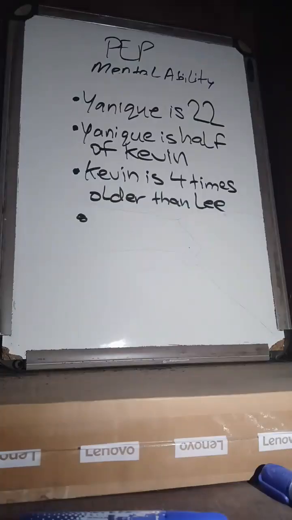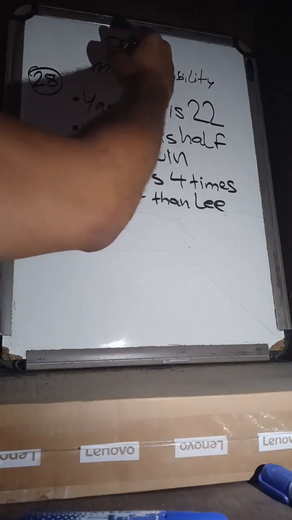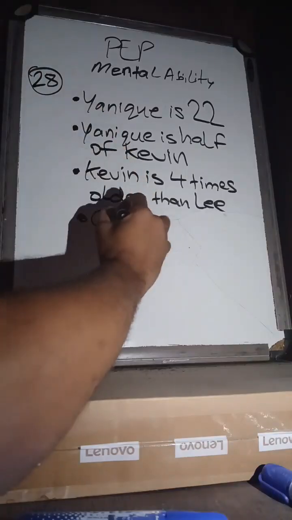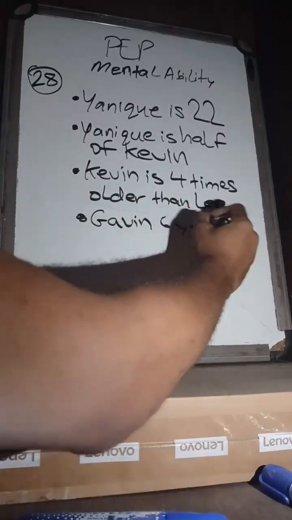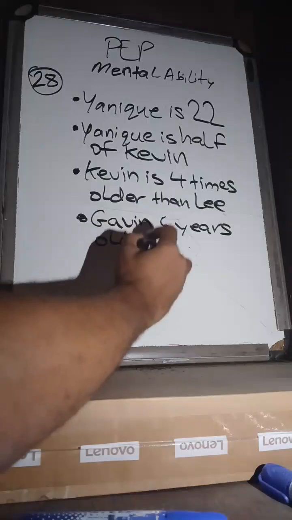And what's the last one again? The last one is, oh, it's number 28. What's the last one now? Gavin is 6 years older.